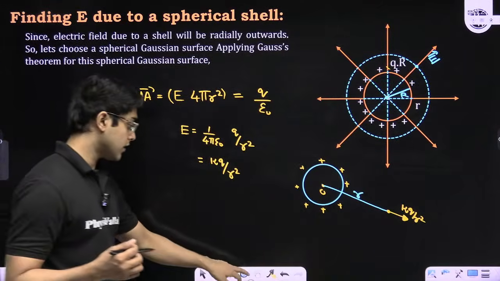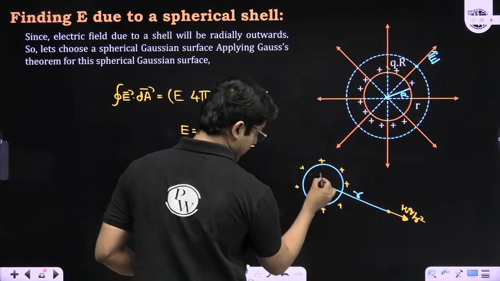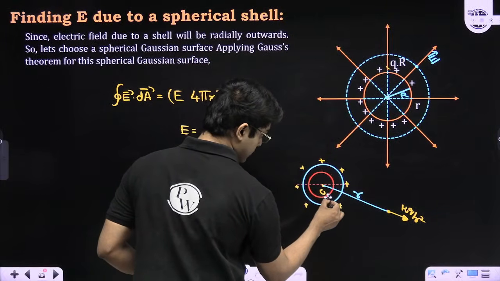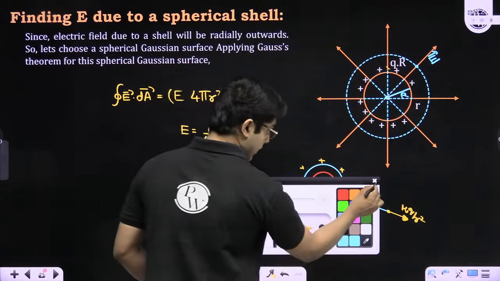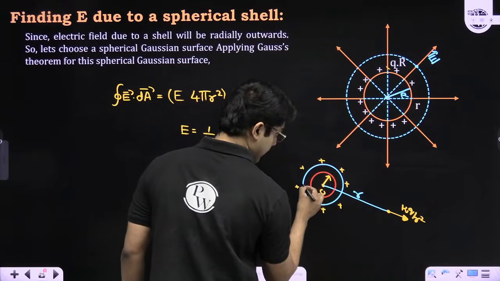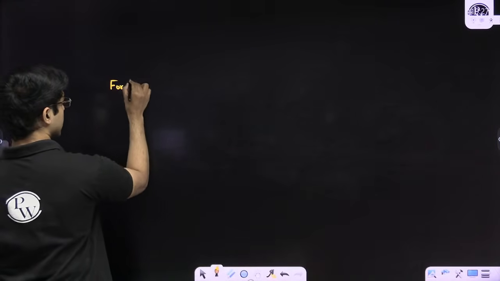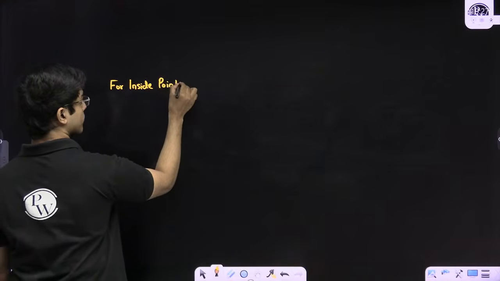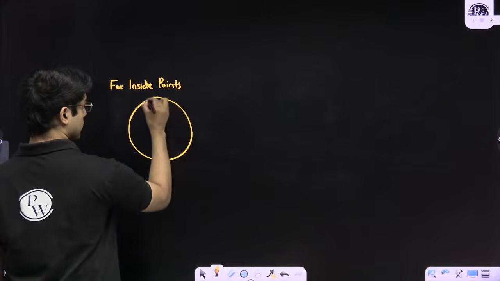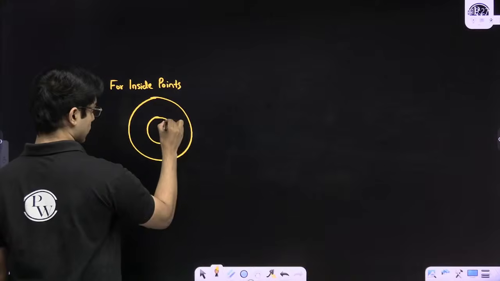Then you can also find out the electric field inside. For that you just take a spherical Gaussian surface inside the sphere, and let's say this radius is also some small r. So for inside points, this is the sphere, this is my Gaussian surface of radius small r.